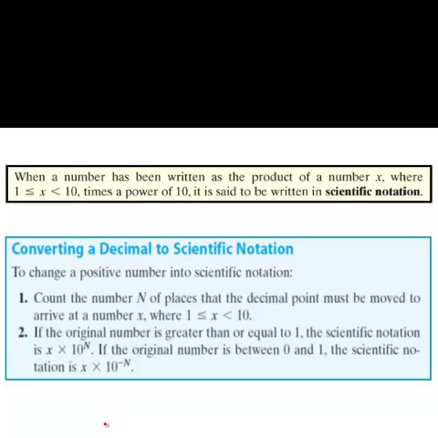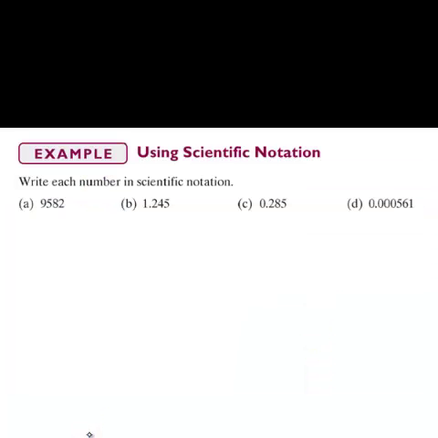You take some extremely large or extremely small number and write it to where you have some number that's between 1 and 10, like you see here, and then times 10 raised to some power, either positive or negative power. All right, so let's just review how we can go back and forth between the number in normal notation or standard notation and scientific notation.